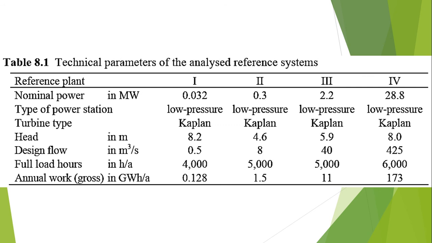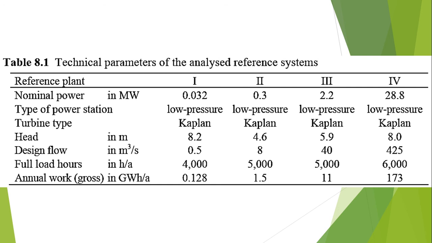Now the second one is plant 2, that is the 300 kilowatt low pressure plant. The power station utilizes the head of 4.6 meters created by the concrete dam, followed by a bypass reach of 200 meters from the intake structure.